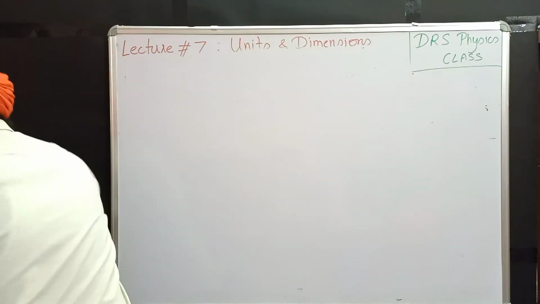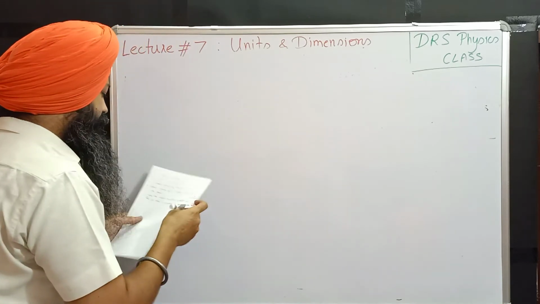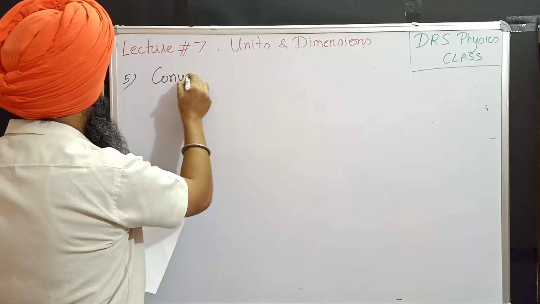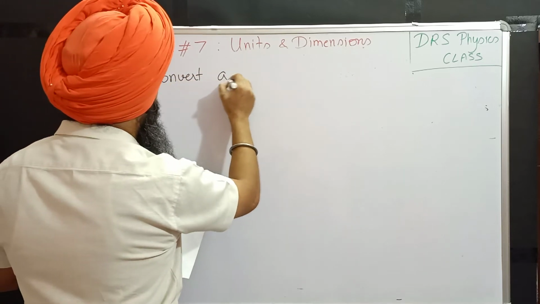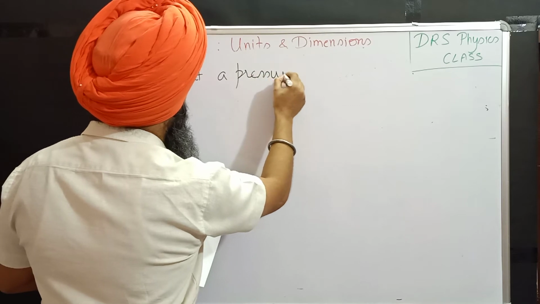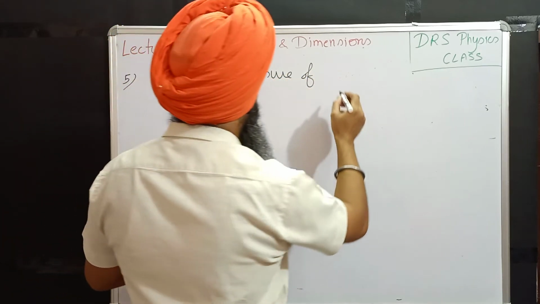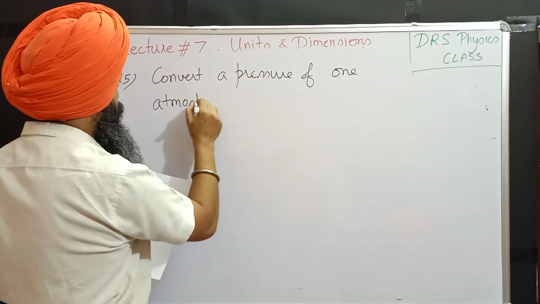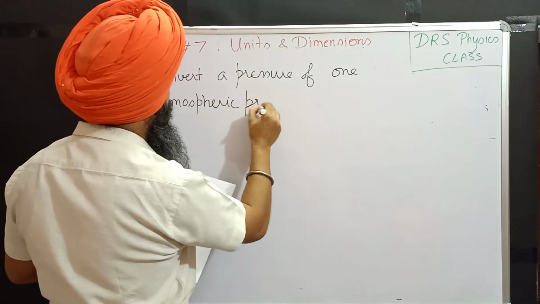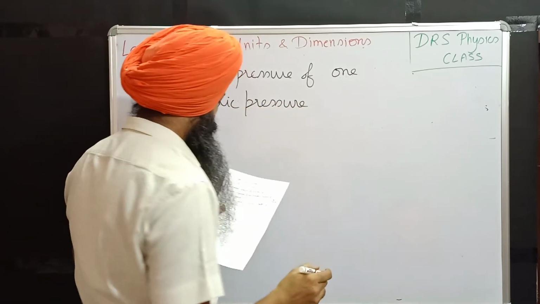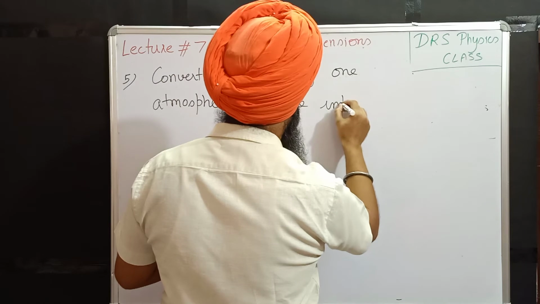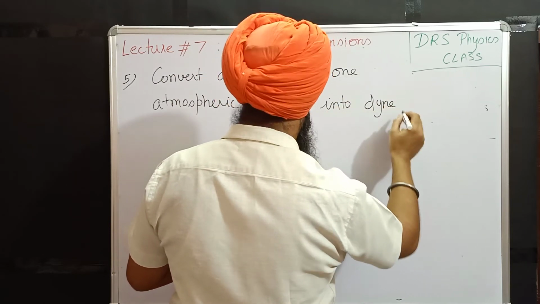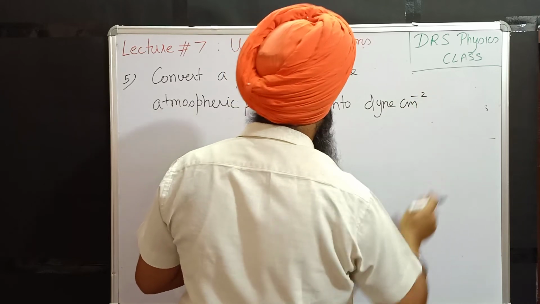The next one says: convert a pressure of 1 atmospheric pressure into dyne per centimeter square.